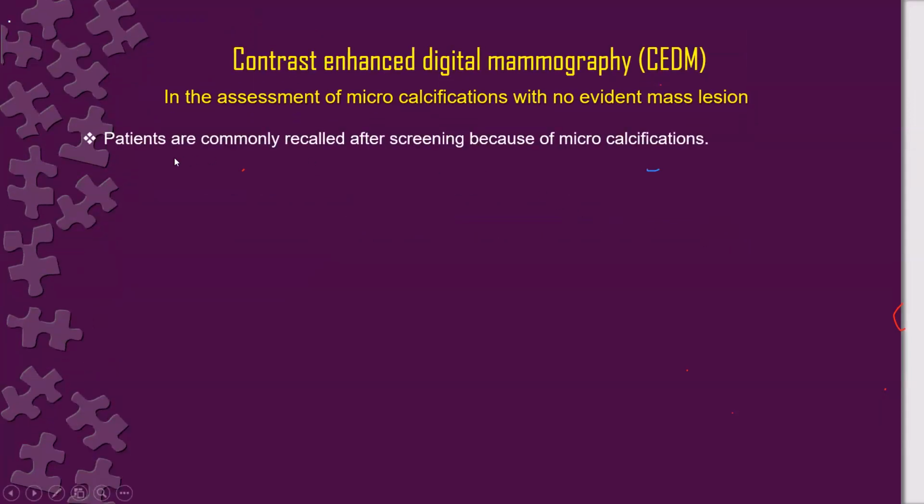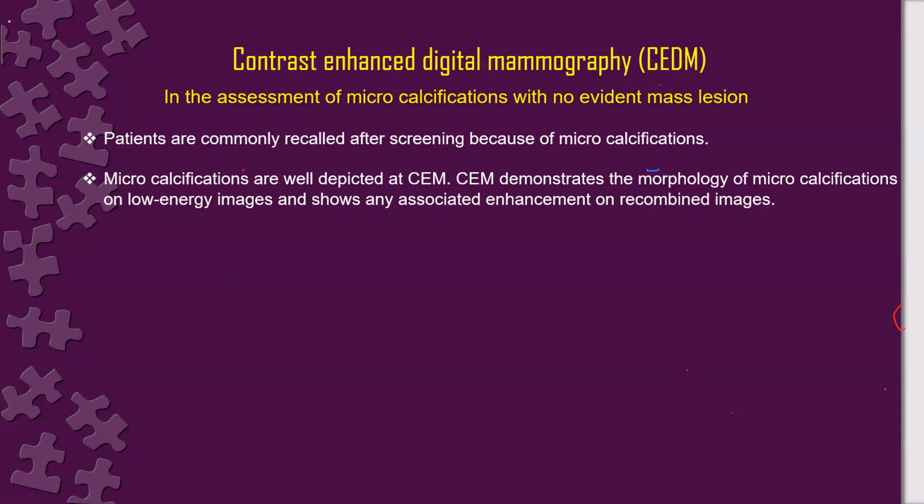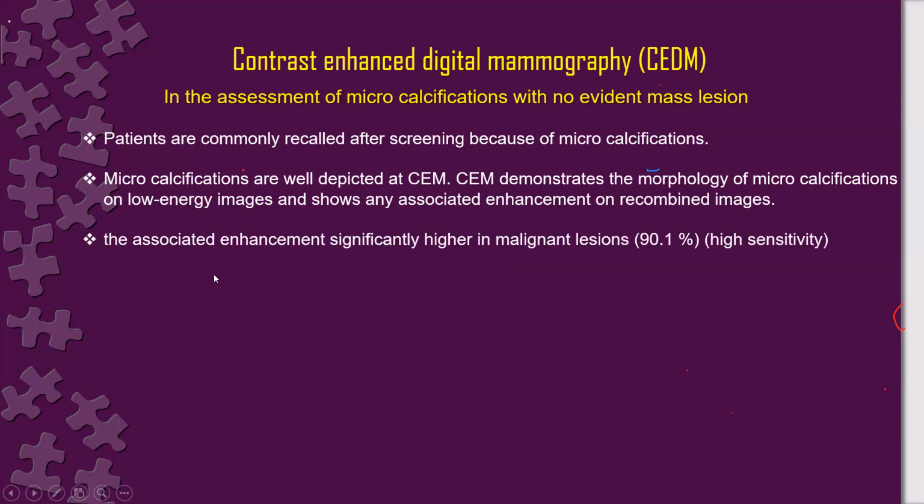In assessment of calcifications, as you know, patients are commonly recalled after screening because of microcalcification, and these are well depicted on contrast enhancement, either by the morphology of the microcalcification in the low energy image like regular mammography, or by the associated enhancement in the recombined image. The associated enhancement is significantly higher in malignant lesions, up to 90.1%.